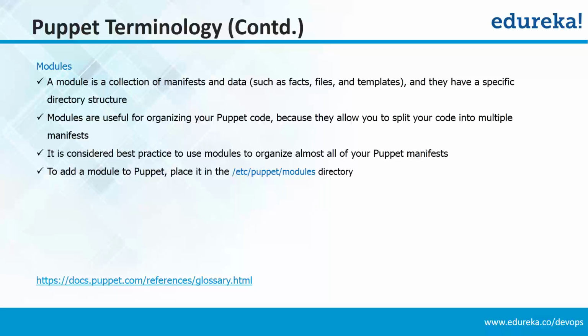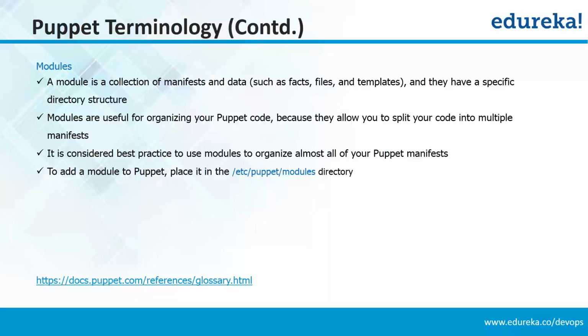They have a very specific directory structure we'll be covering when we talk about the module section. Very rarely would you find that you have to write exactly one class. You may end up having 3 classes, 4 classes, 5 classes. How do you make sure that they are treated as one logical whole? To do that, we introduce the concept of modules.